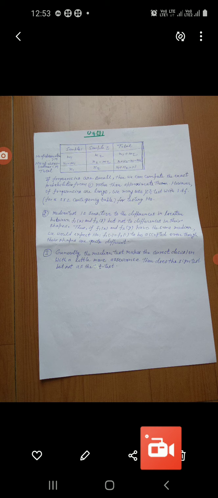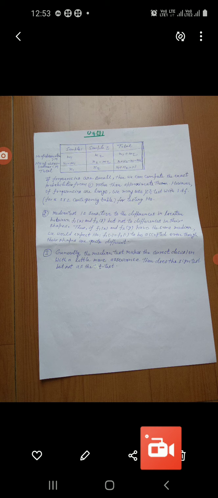Here we have 3 columns, for sample 1, sample 2, and the third column is for totals. Here the number of observations greater than m, that is the median value, in sample 1 is m1, in sample 2 is m2, and the total is m1 plus m2.